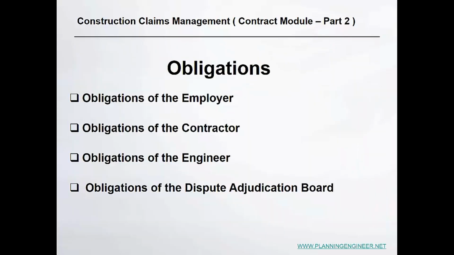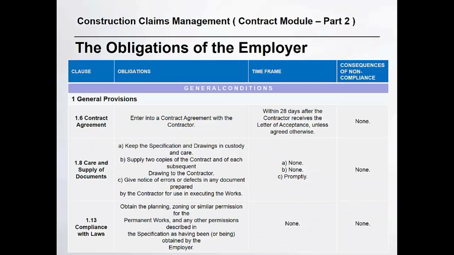The obligations. We also want to highlight the obligations under FIDIC: the obligations of the employer, the contractor, the engineer, and the DAB. Here I put for you the clauses in the FIDIC which talk about the employer obligations.